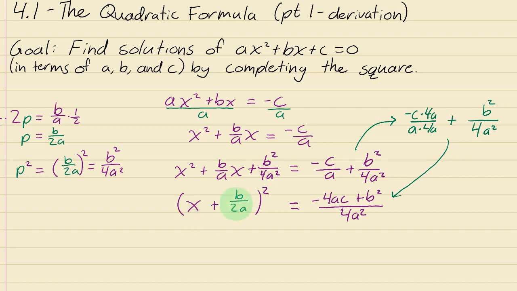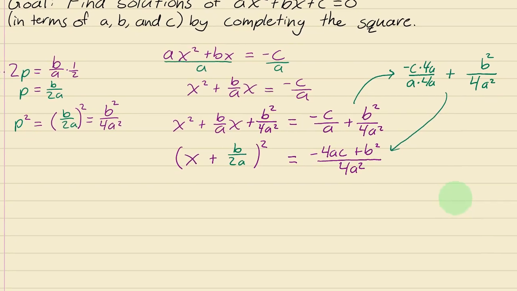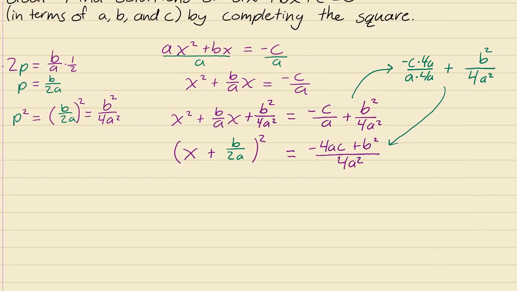And if you wanted to check by foiling this all out, you could make sure that you get that, but you don't have to do that. So now this is ready for you to take the square root of both sides. So that's going to give you x plus b over 2a on the left, and on the right, we're going to have the plus or minus square root of this whole thing here.